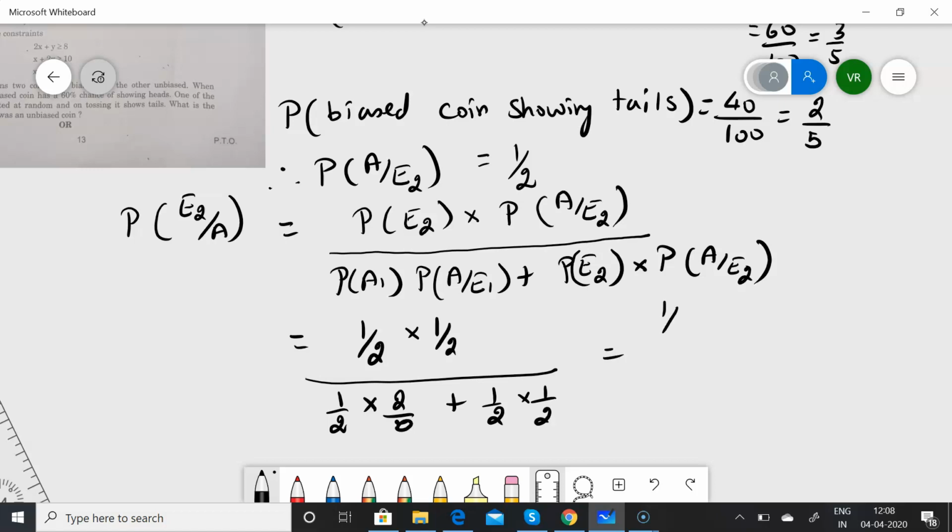That gives you 1 by 4 divided by 9 by 20. This is equal to 1 by 4 into 20 by 9, which is equal to 5 by 9. Hence the required probability is 5 by 9.